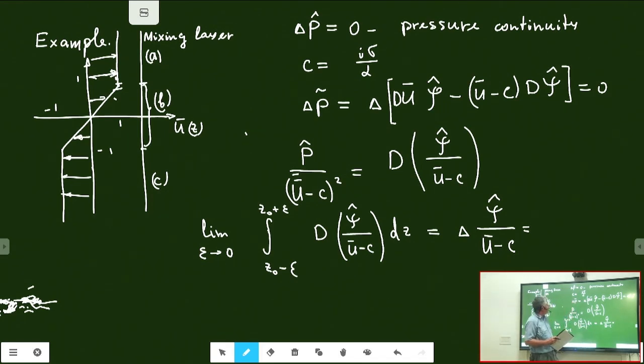What will happen on the left-hand side? So the jump on the left-hand side. If you take this function and evaluate it slightly above and slightly below, this is not 0.